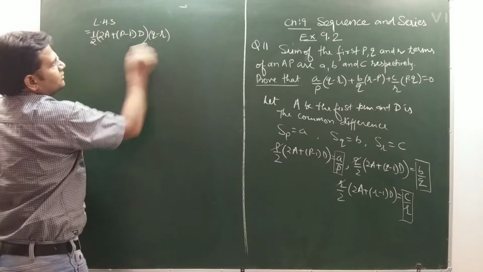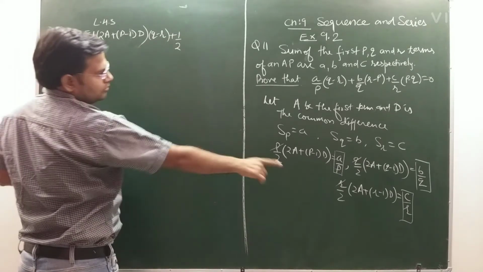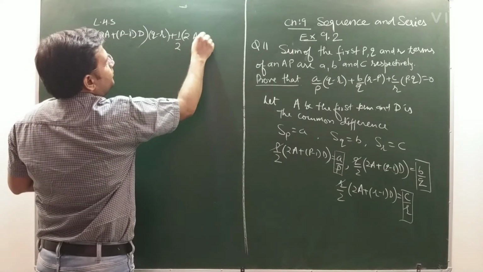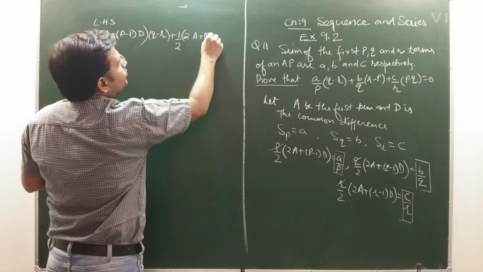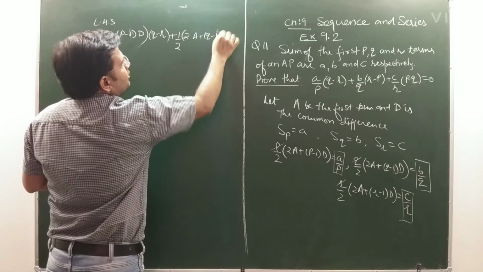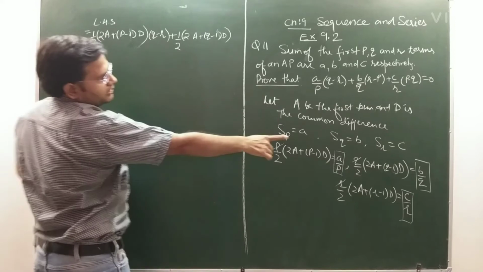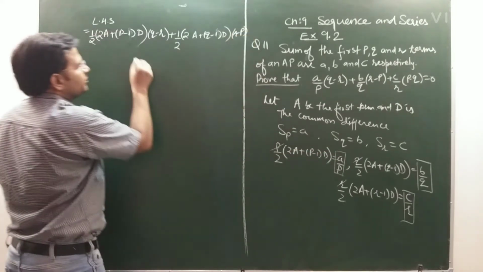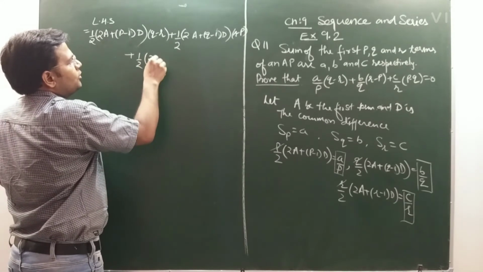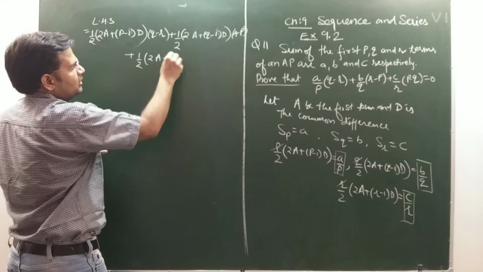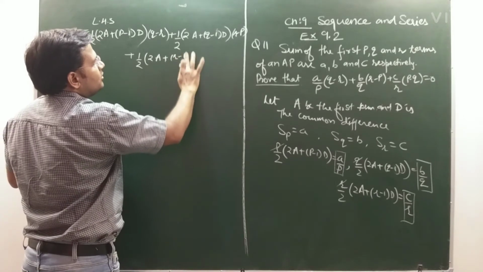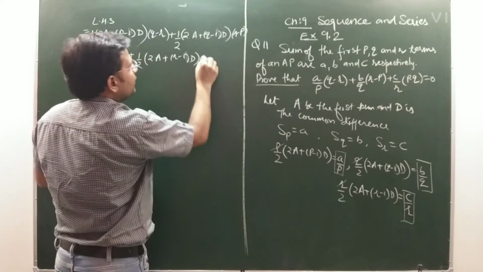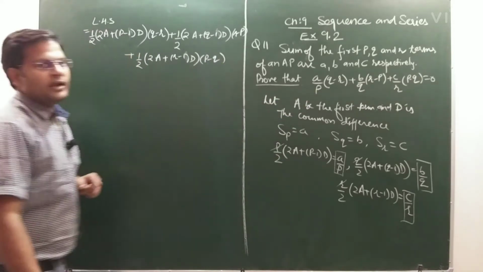Then plus 1 by 2, and b upon q is (2A plus (Q minus 1)D), and the bracket is (R minus P). So this is R minus P, plus 1 by 2 (2A plus (R minus 1)D), and last one is (P minus Q). So this is your LHS.